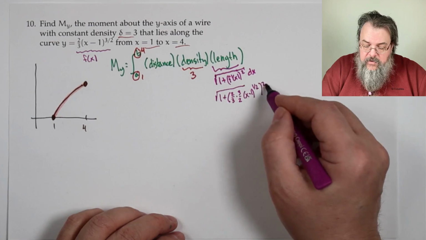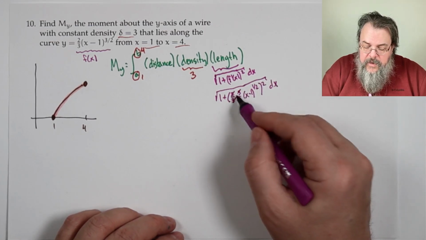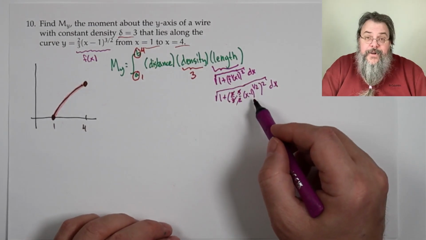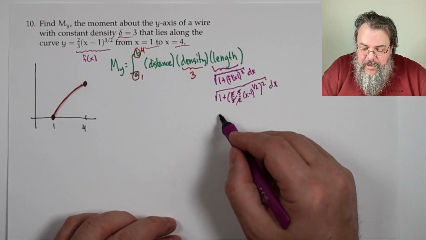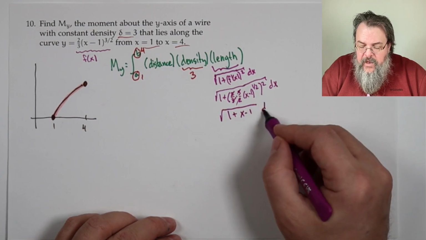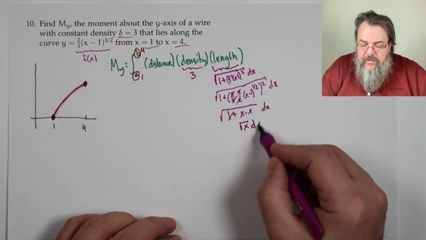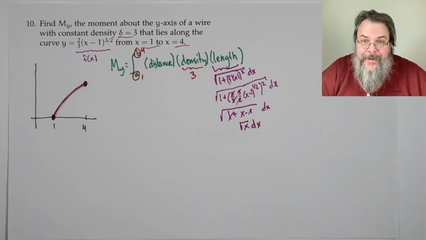And that's going to get squared. The 2/3 and 3/2 cancel. x minus 1 to the 1/2 squared becomes x minus 1. And the 1's cancel, so we end up with square root of x dx. Okay, so that's our length.